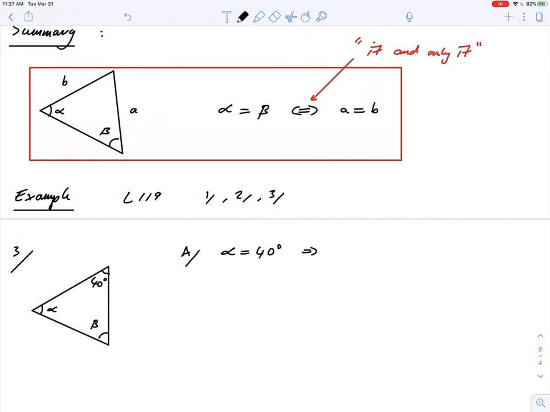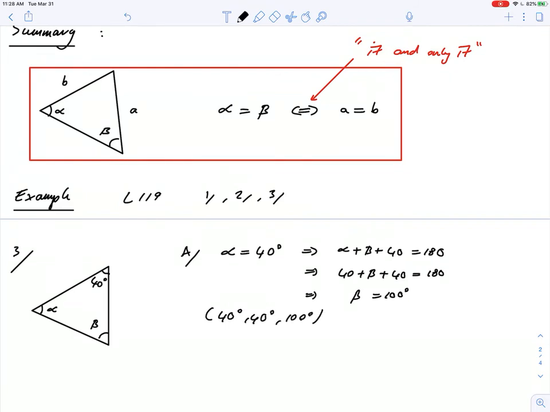It would be alpha plus beta plus 40 is equal to 180. But this would imply that, well, 40 plus beta plus 40 is equal to 180. So that would, I suppose, imply finally that beta is equal to 100 degrees. So in this possibility, the angles are 40, 40, and 100.